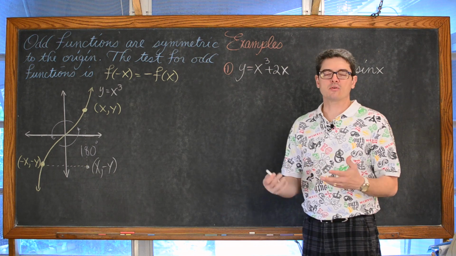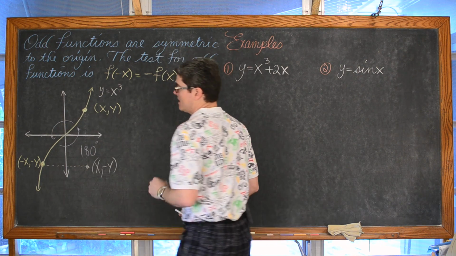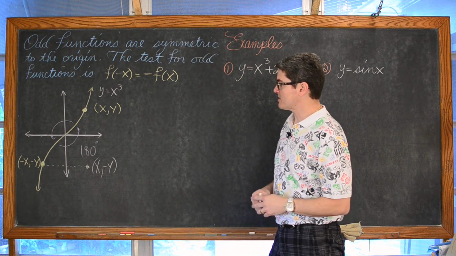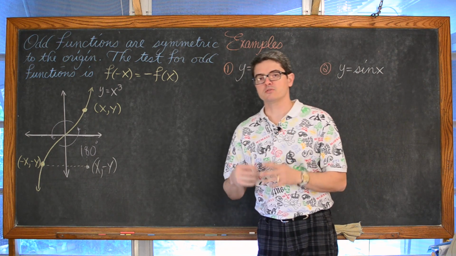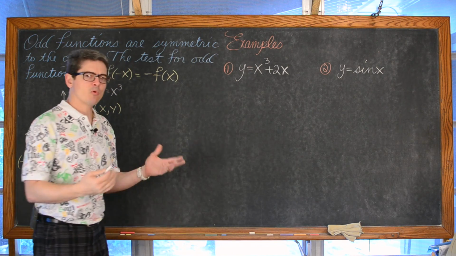Okay, I like to focus on the fact that you can take this and rotate it 180 degrees and have the graph perfectly line up on itself, but there are times where you want to see those two reflections as well.